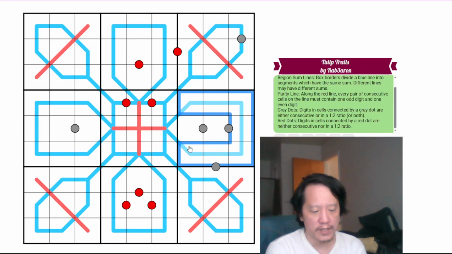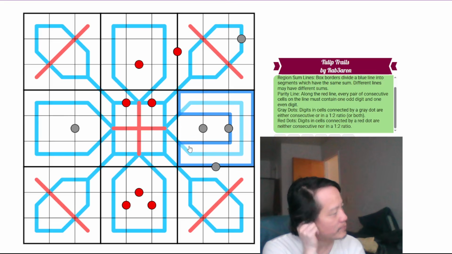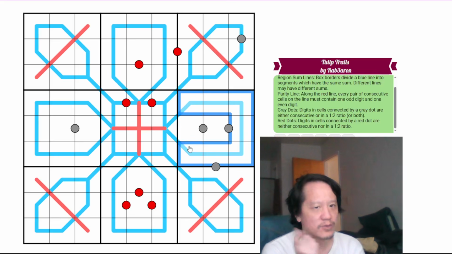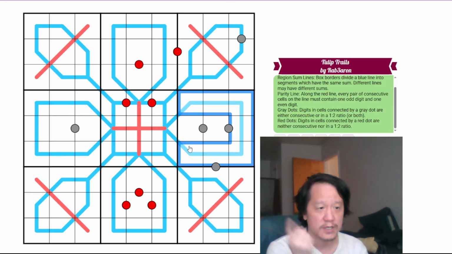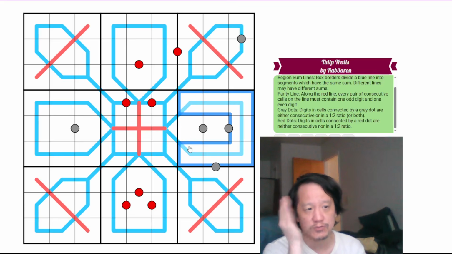So the 6 digits add up to, at maximum, 39. The minimum the sum could be is 36, which is 45 minus the largest digit, which is 9, and the smallest digits are 1, 2, and 3.